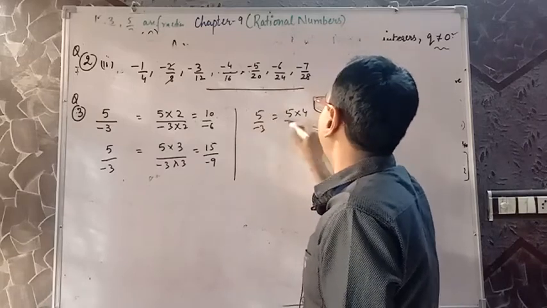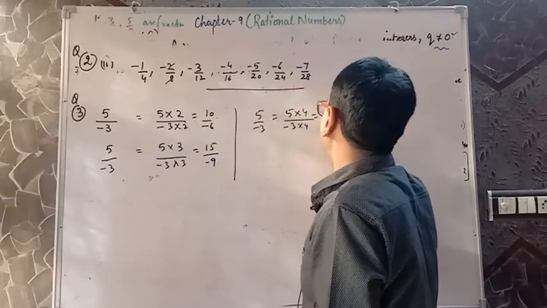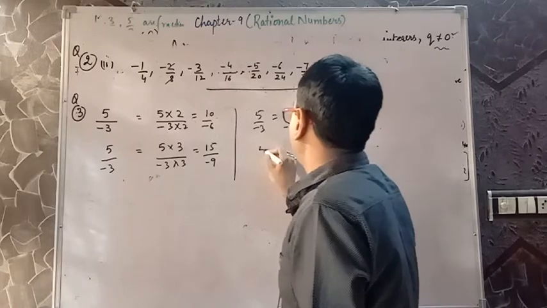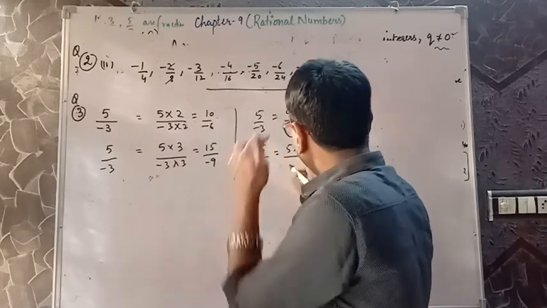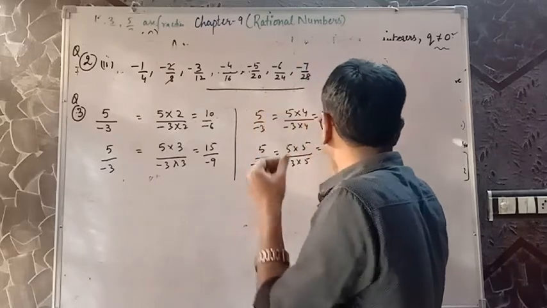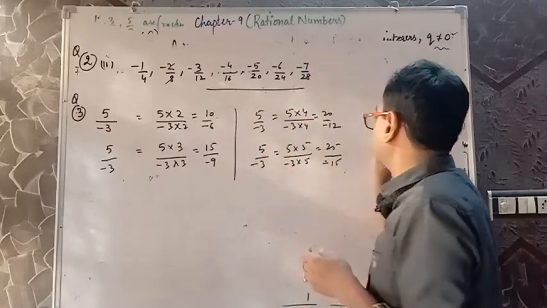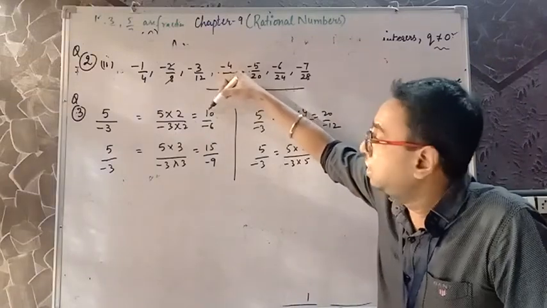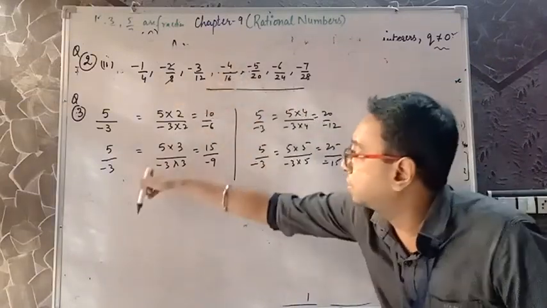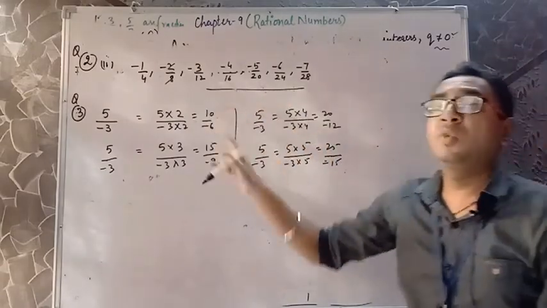I'll multiply numerator and denominator by 4. Next, what I can do? I can multiply with 5. See what is the advantage? I can cut: 5 2s are 10, 5 3s are 15. Again I am getting 5 by minus 6. See, they all are equivalent fractions.